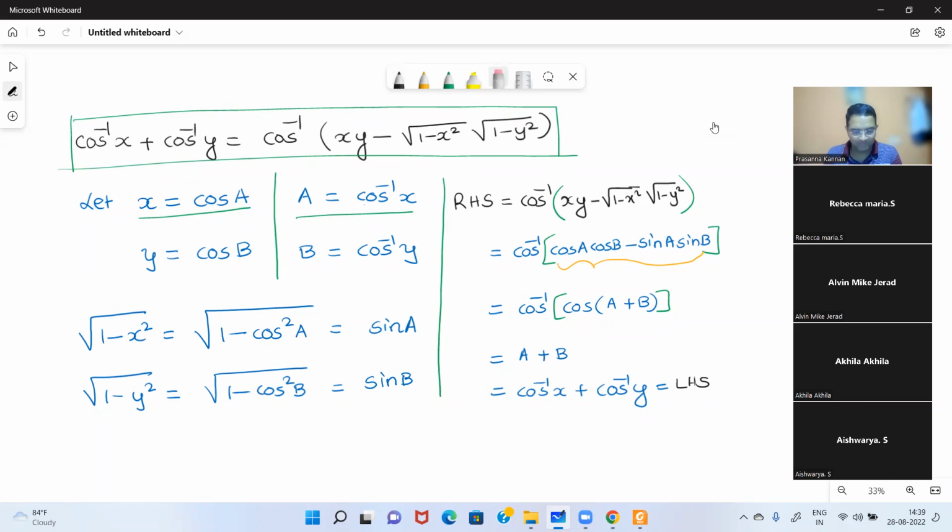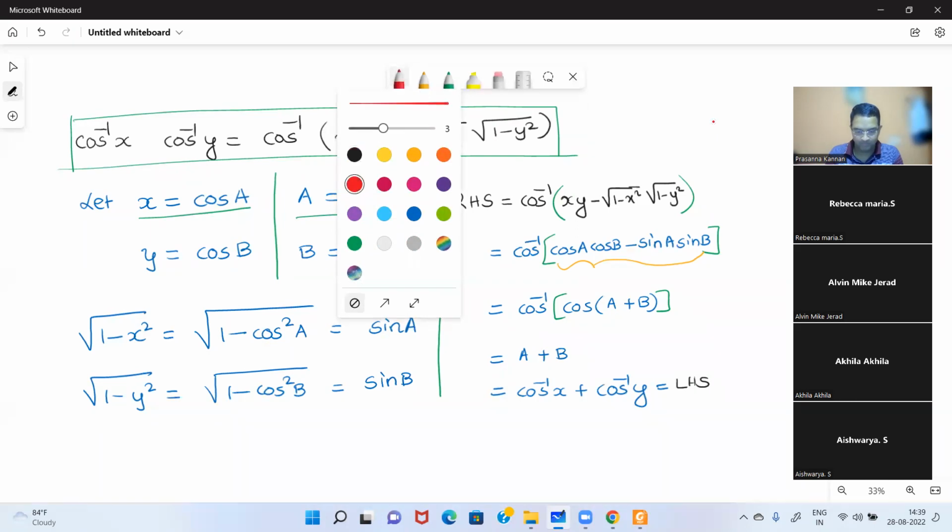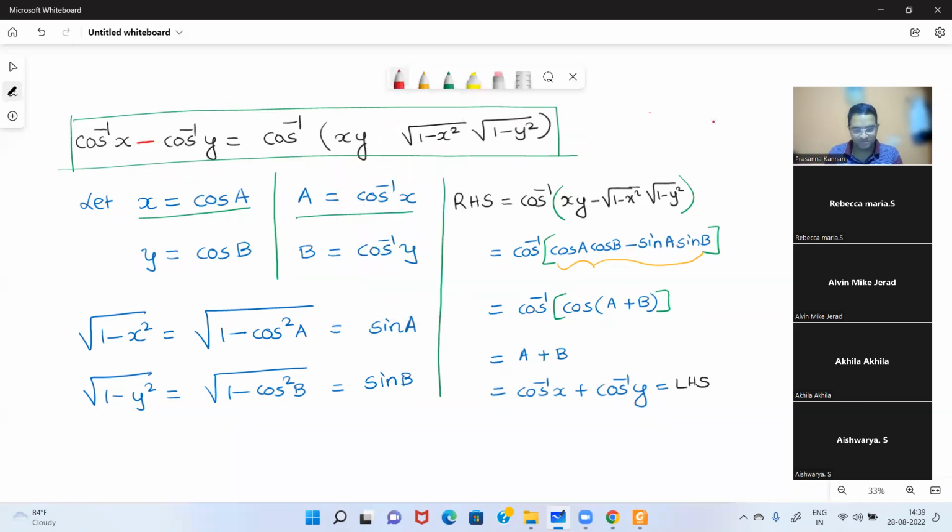Now another formula will be what? What is cos inverse of x minus cos inverse of y? That will be cos inverse of xy plus root of 1 minus x square into root of 1 minus y square. How do we say that? In the derivation, what will happen? This will become plus.